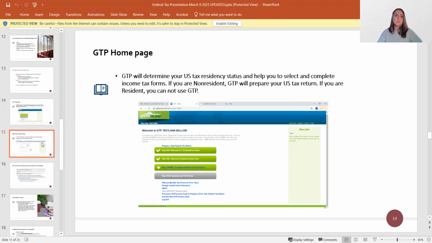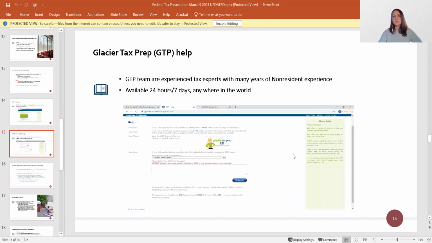The beauty of the Glacier Tax Prep system, and why we highly recommend it for non-residents, is that it's sponsored by very experienced tax experts who have been doing non-resident tax filing since the beginning of their careers. So they know exactly how to help you with non-resident questions.